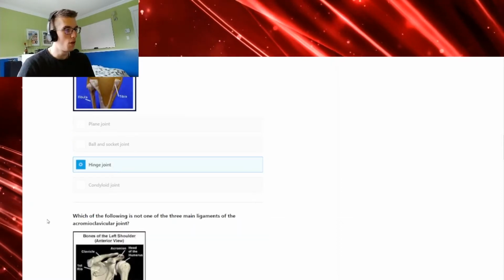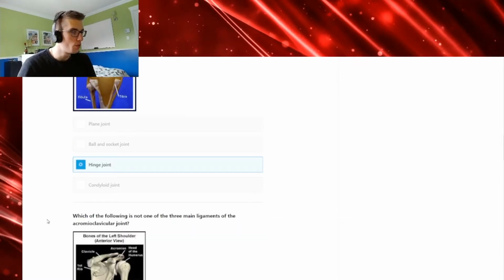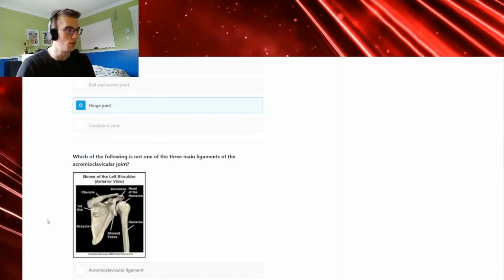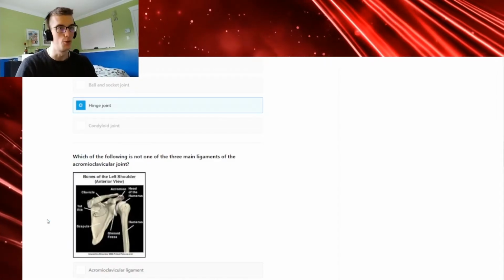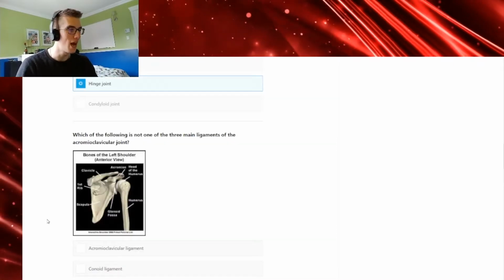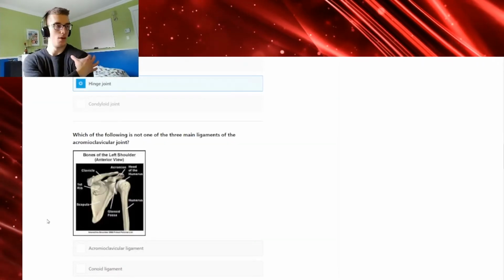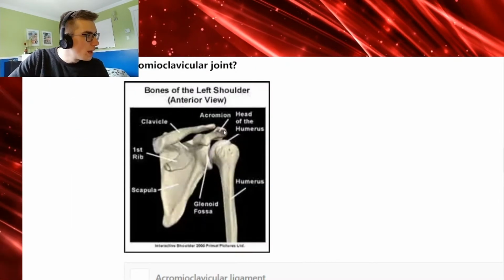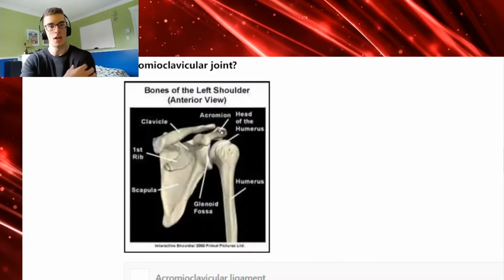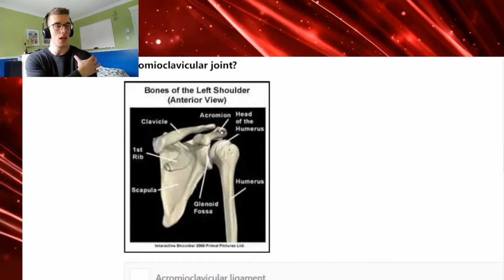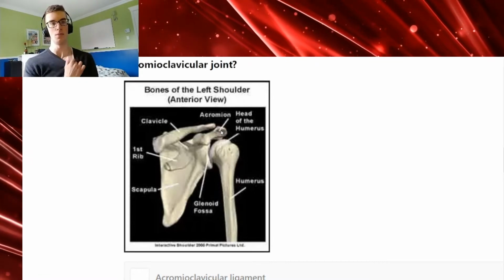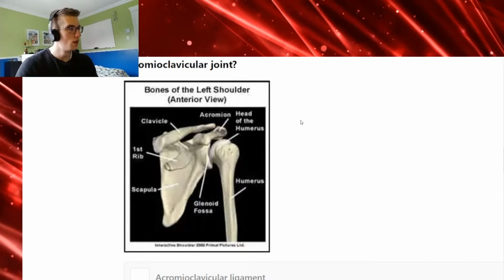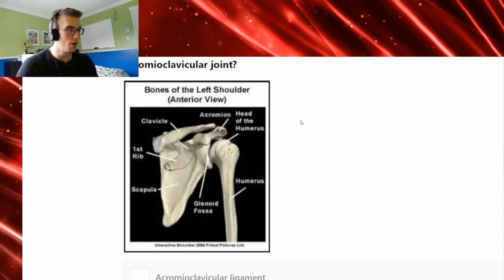Which of the following is not one of the three main ligaments of the acromioclavicular joint? So in the shoulder, it's the acromion, the part right here. It's like a U shape. And the clavicle, it's the bone, as you can see right here. So which one is not part of this?